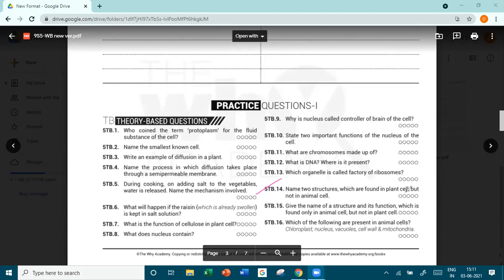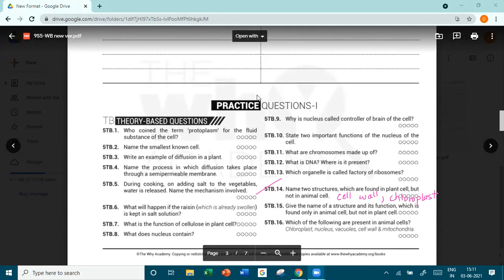So two structures which are found in plant cell but not in animal cell: you can write cell wall, chloroplast, right?